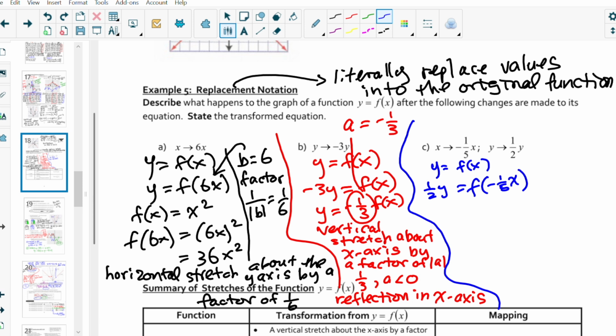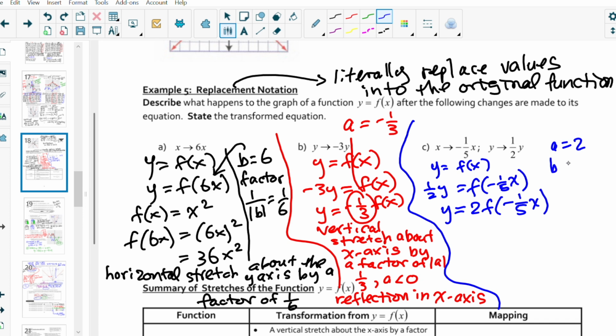Okay, finishing this up, let me simplify this. Let me just get everything over to the one side. Y equals 2f of negative 1/5 x. Okay, so a value equals 2, so that's a vertical stretch in the x-axis by a factor of 2.